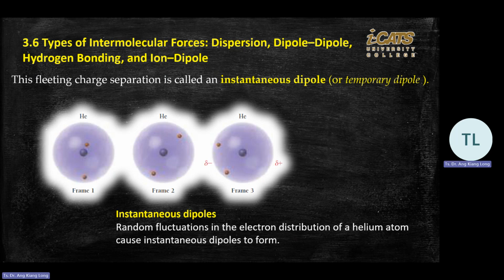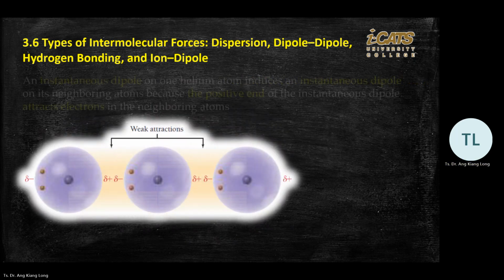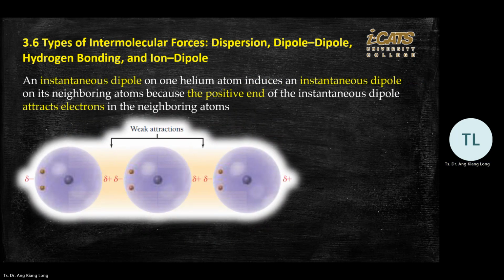There is one word called instantaneous. Instantaneous dipole means it just happens in maybe 1 second or 2 seconds at that particular time. For the instantaneous dipole, especially for helium, it's the one that you see here.